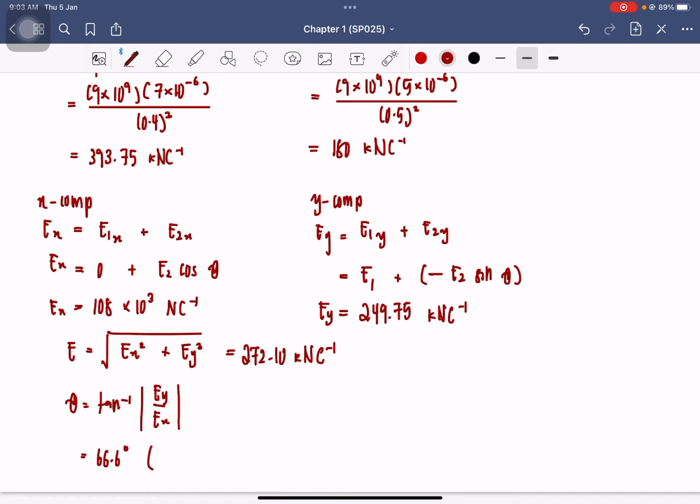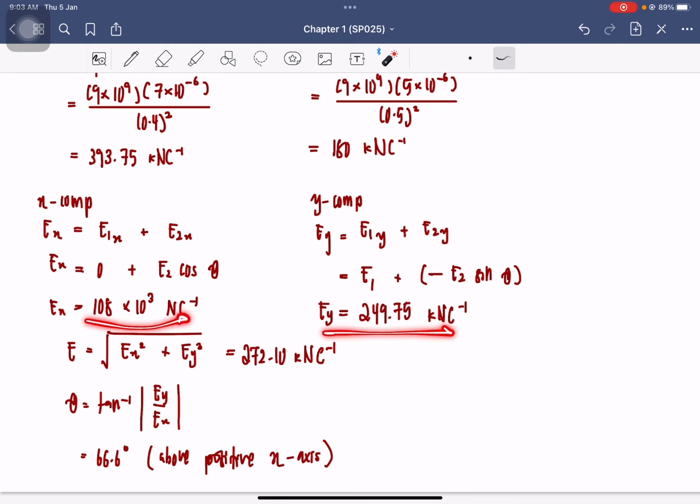This is above the positive x-axis, because EX is positive and EY is also positive.